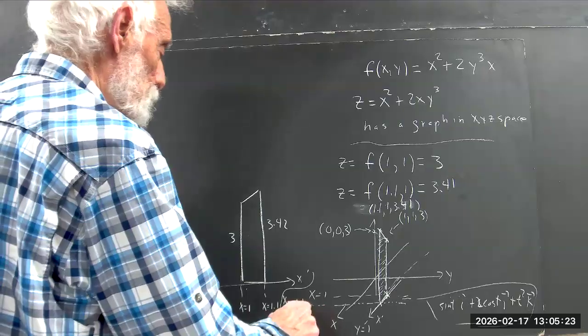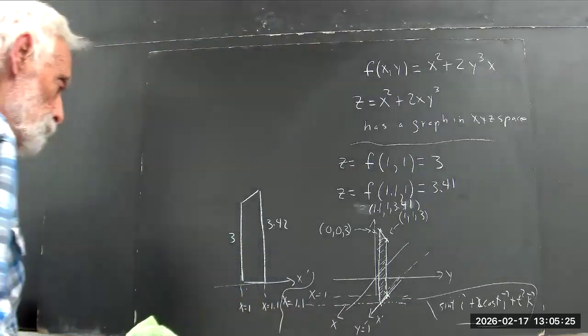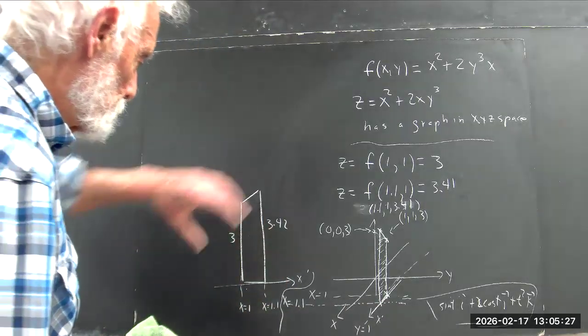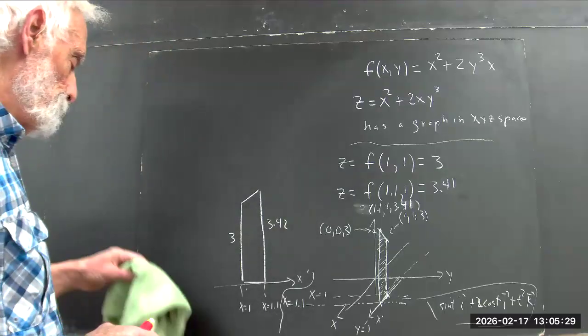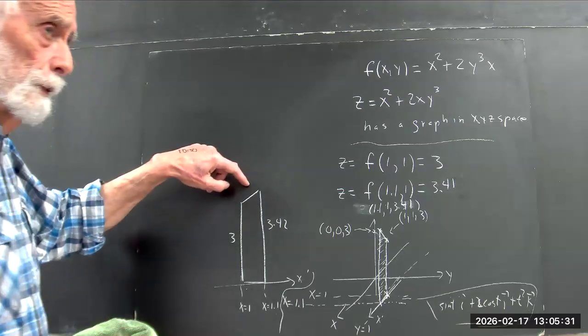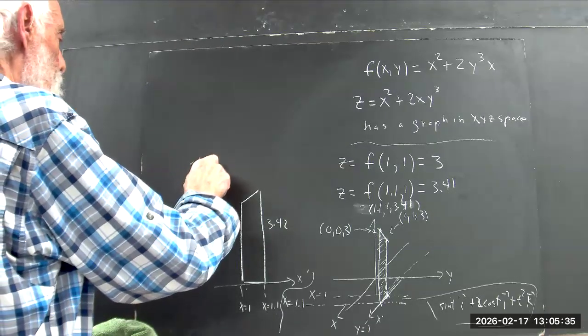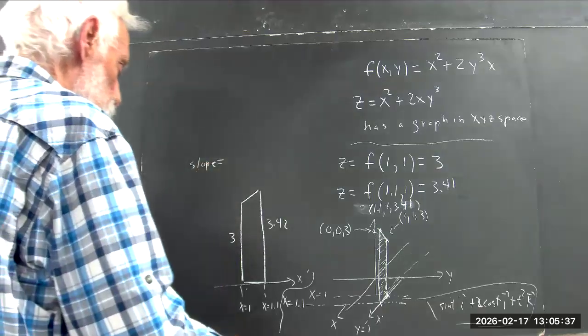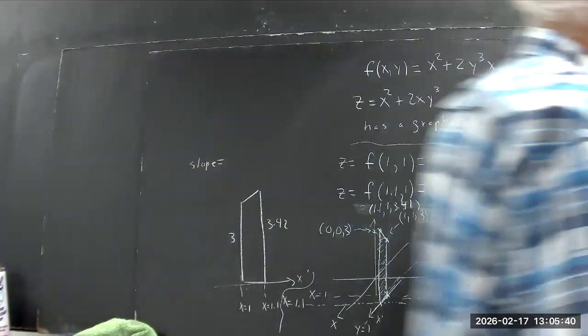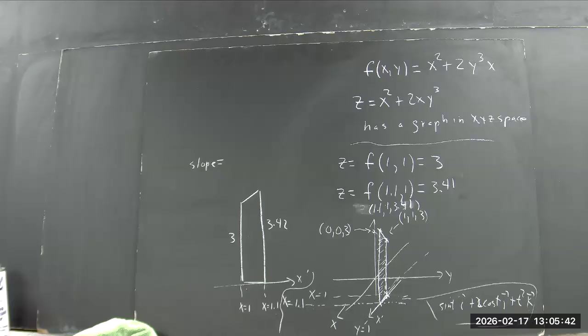Now this x equals 1.1 labels this line, so that's a little confusing. But just focus on this picture. What's the slope of this segment up here? Think about it for a second, then I'll let you say.